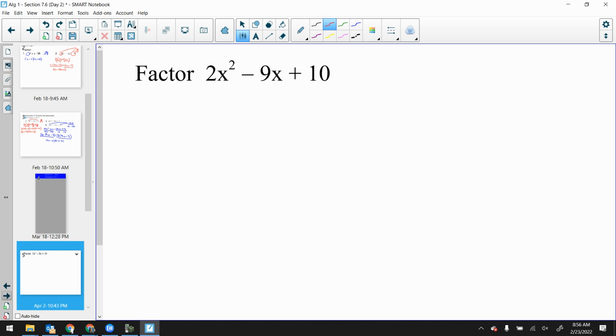Where'd you get these two numbers? Remember, you should be -4, -5 as your 9x. The last term stays the same. You don't change the last term. The 9x gets broken up into 4 and 5.